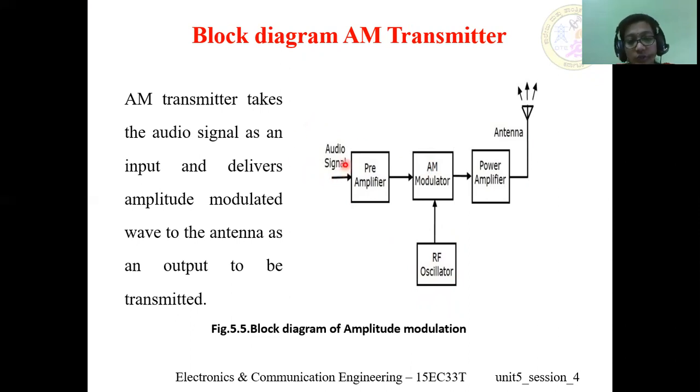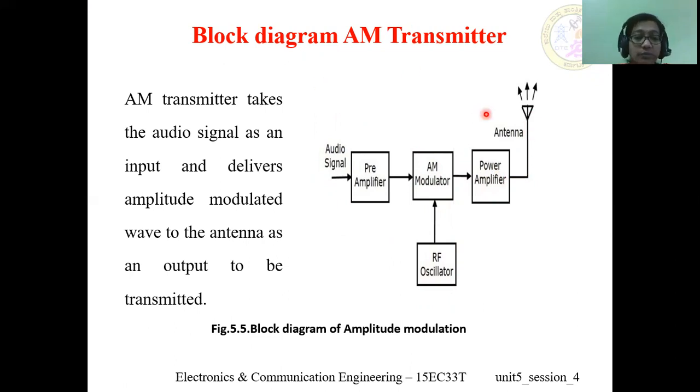Here, audio frequency is a low frequency signal and radio frequency is the high frequency carrier signal. After modulation, the signal is called the modulated output. This is power amplified and then passed through the antenna.